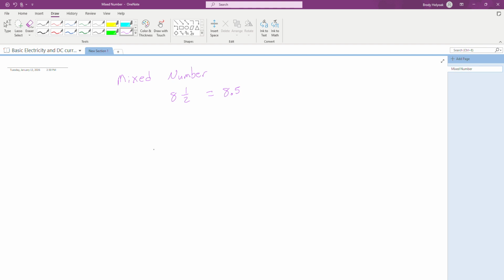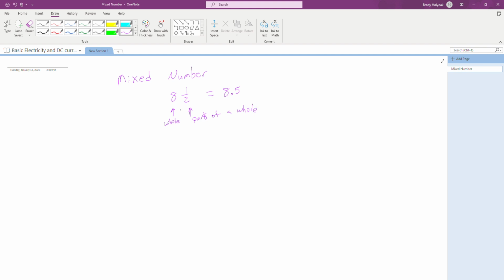So if we have the number 8 and 1/2 and we want to convert it to a fraction to make it easier to use with something we're looking at, we have to do a couple of steps. So the first thing that we need to do is look at the number of whole pieces I have, and then this fraction here, so this is the whole number, and this is the parts of a whole.